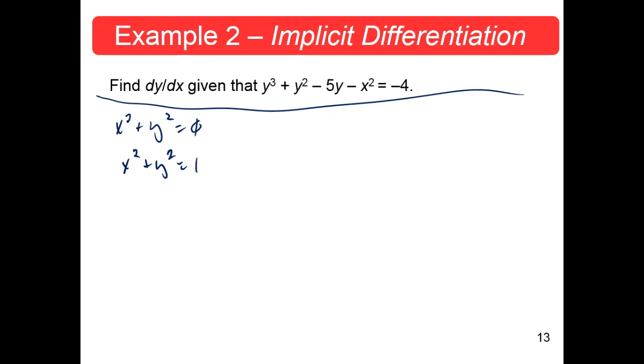So you could write this as a differentiable function of y. How? Isolate the y. How? Yeah, subtract x squared from both sides, and you have y squared is equal to 1 minus x squared.